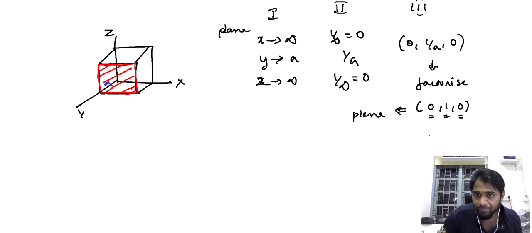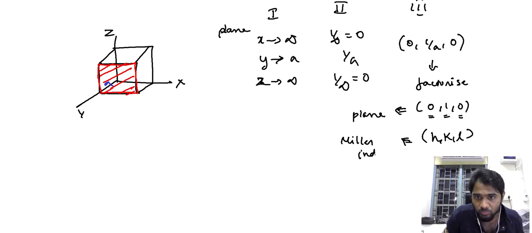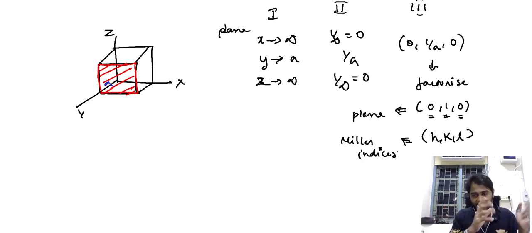Generally they are represented by the variables h, k and l, which can assume different values within the bracket, and when they do, they indicate different planes. These are referred to as the Miller indices. And Miller indices, when enclosed by a curved bracket, represent a plane.